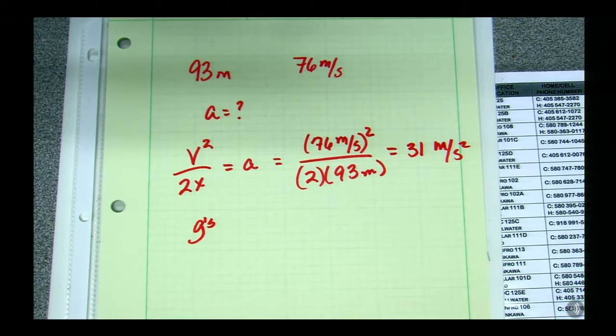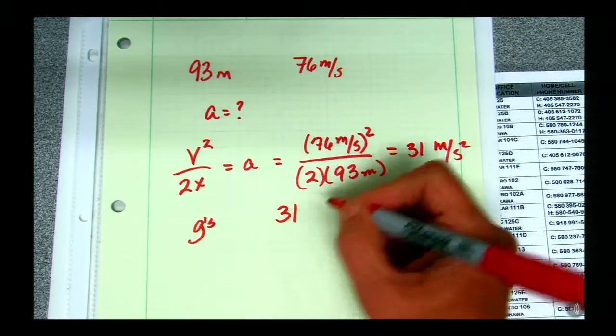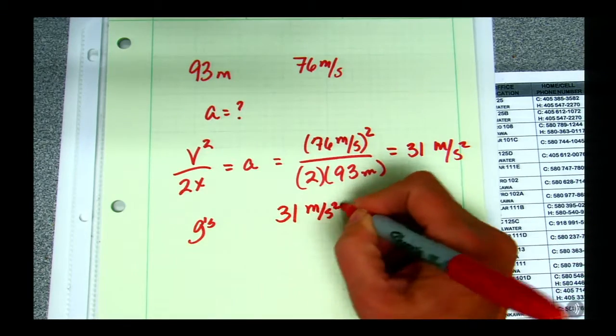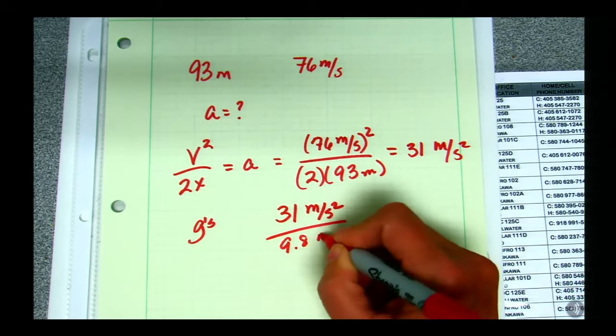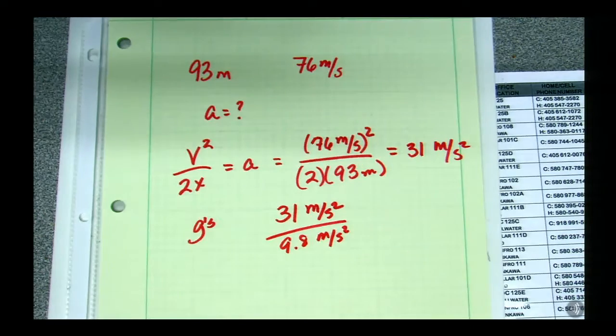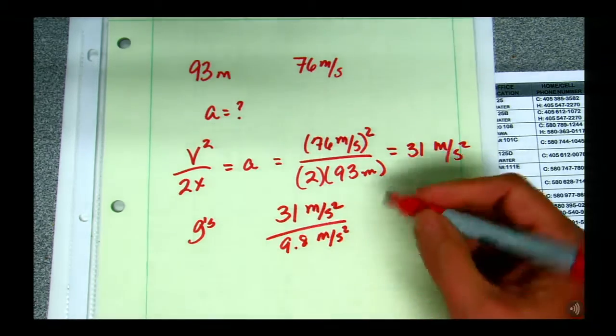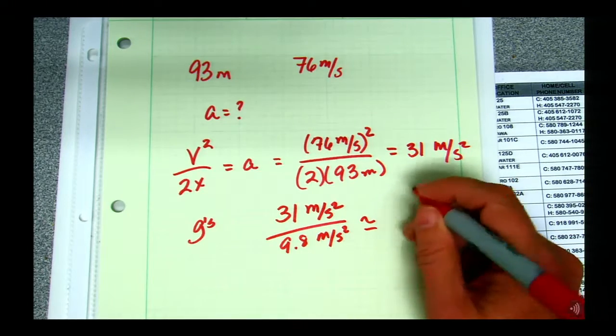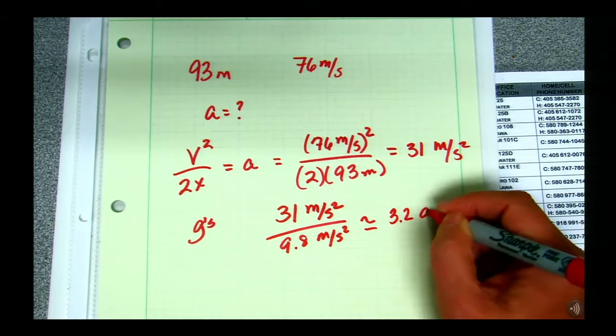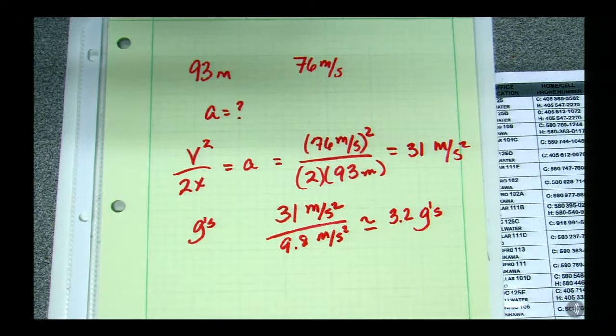And what that is, if I take my 31 meters per second squared divided by my 9.8 meters per second squared, that's approximately 3.2 G's without the pilot pushing down the accelerator or giving the jet engine gas. So those catapults will sling you off the aircraft carrier.